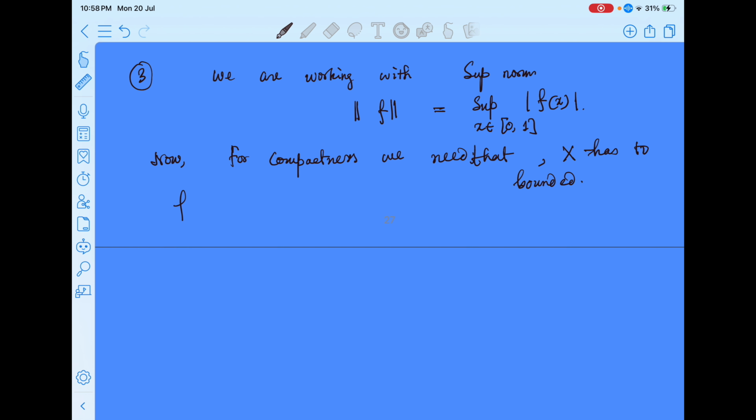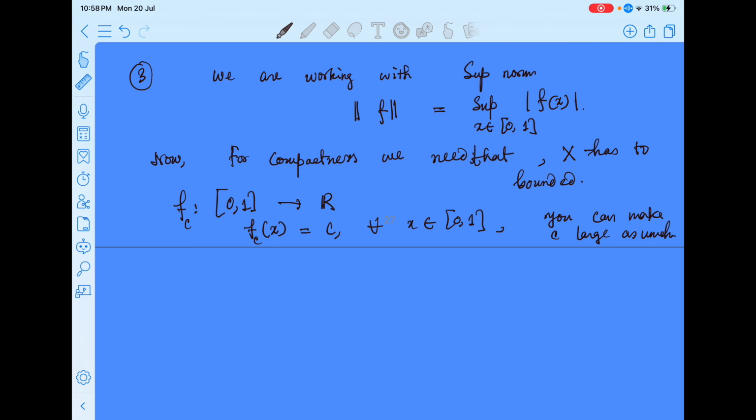So let us define a function from [0,1] to R: f_c(x) = c for all x in [0,1]. You can make c as large as you want.